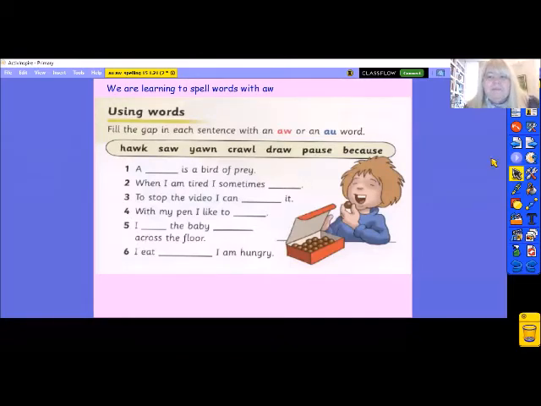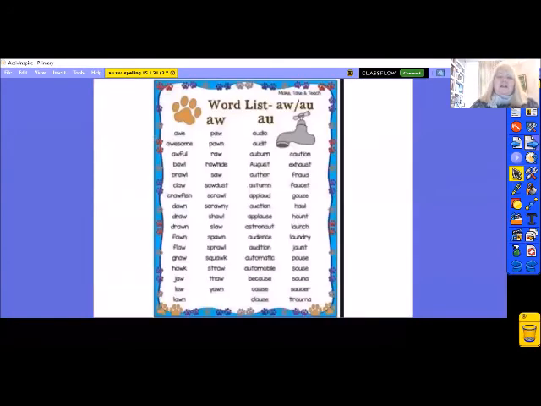Well done. Now, there are some words here, and they've all got the AW spelling or the AU to make the phoneme or. I'm going to choose some of them and I'm going to dictate to you a little sentence to have a go. The rocket was ready to launch in the autumn, full stop.